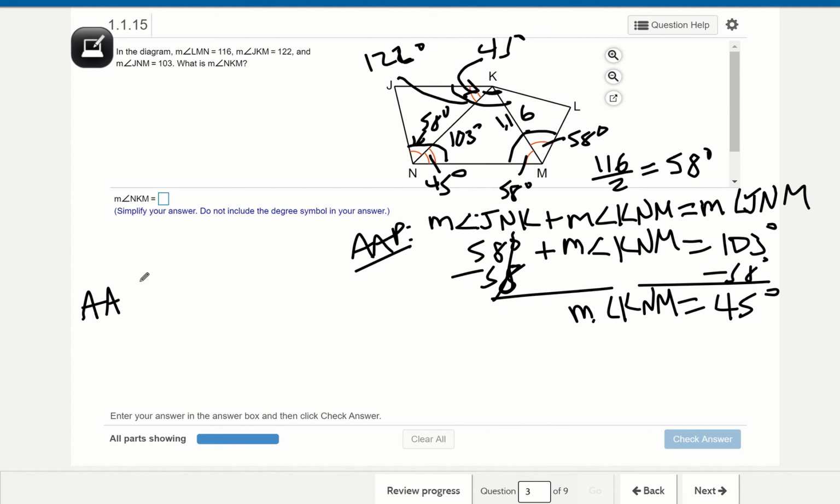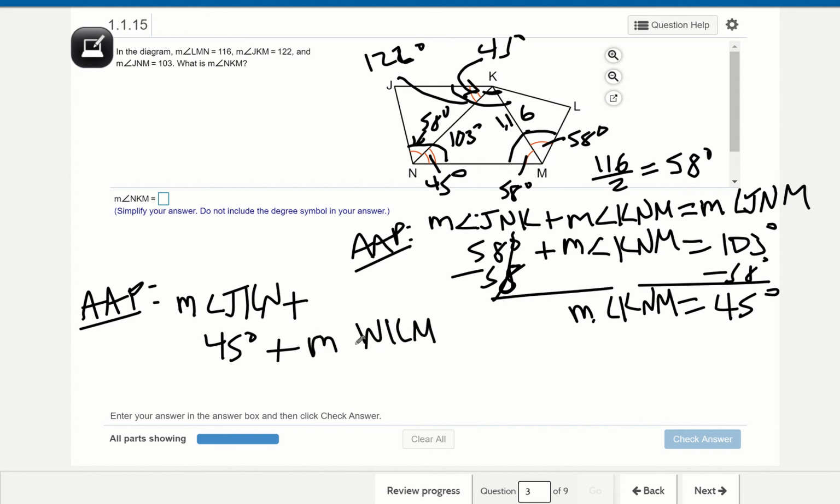So we'll say that JKN, the 45 degree angle that we wrote down earlier, plus what we're looking for, the measure of angle NKM, is equal to the big angle, which is the 122, which is JKM.